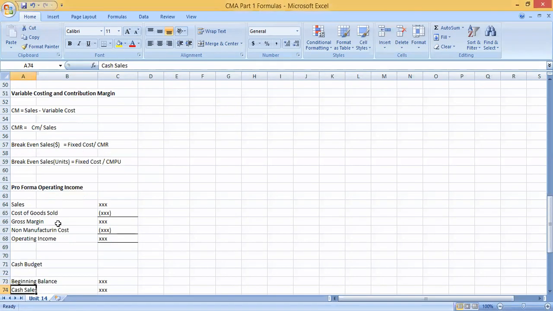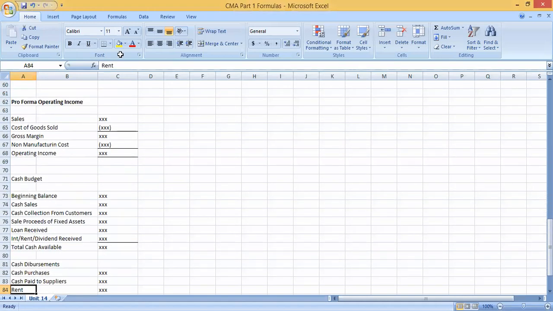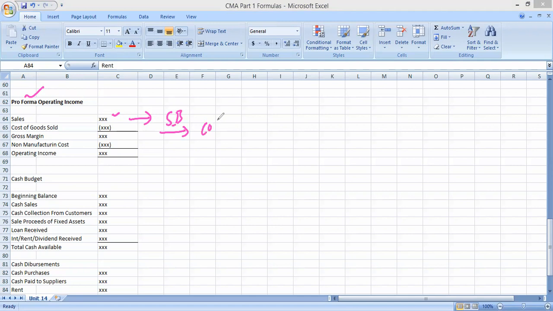After that, students, we have the pro forma operating income. You already know how to prepare the income statement. Here we just show you the pro forma, meaning projected income statement: the operating income, how much we are expecting in the future. Sales will come from the sales budget. Cost of goods sold comes from the cost of goods sold budget.